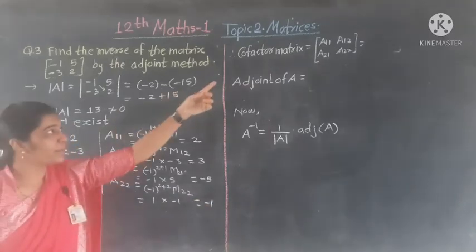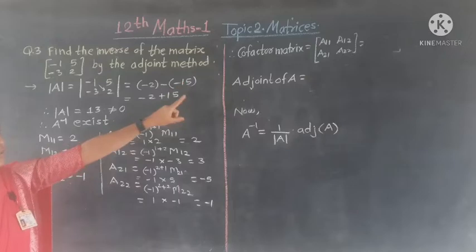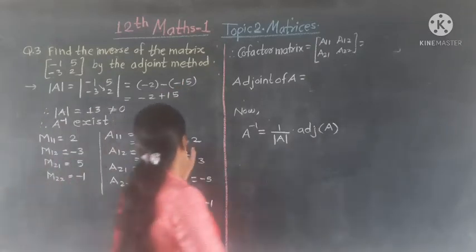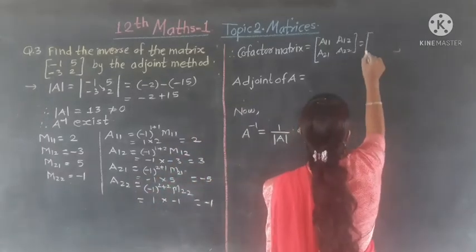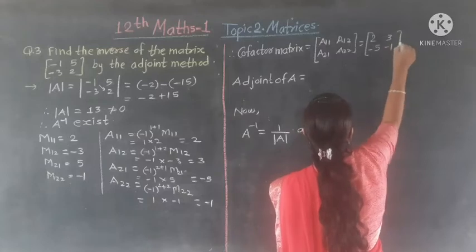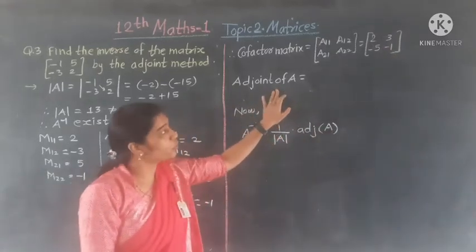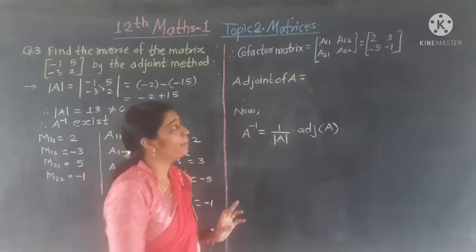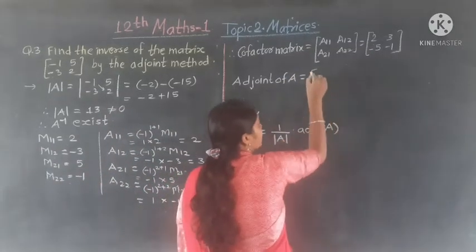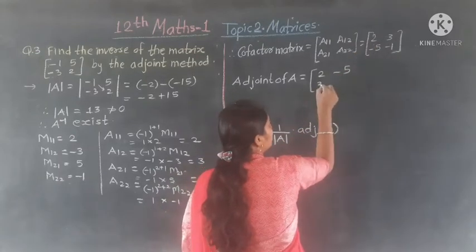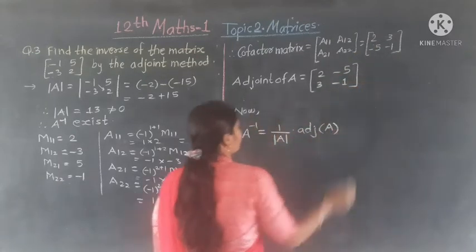So we get the cofactor matrix A11, A12, A21 and A22. We write the A11 element as 2, 3, -5 and -1. How to write the adjoint of A? The adjoint of A is written as the transpose of the cofactor matrix. Take the transpose of that matrix; what was a column is written as a row: 2, -5, 3, -1.